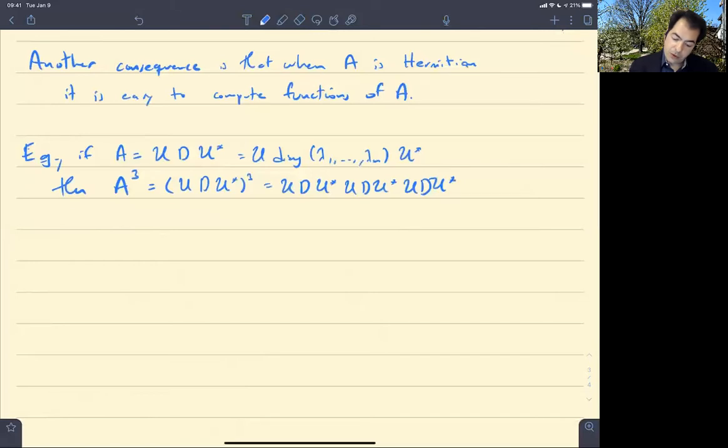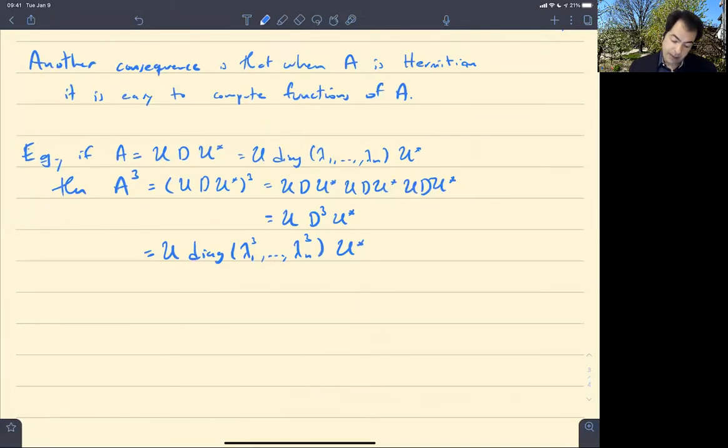But now every time there's a U star U, that's equal to the identity. So I can write this as U and then D cubed U star. That is to say, A cubed is just U and then the diagonal matrix lambda 1 cubed to lambda n cubed, and then U star.